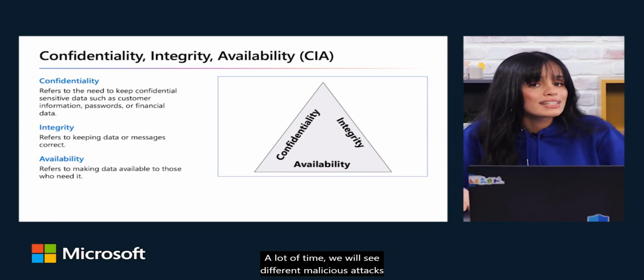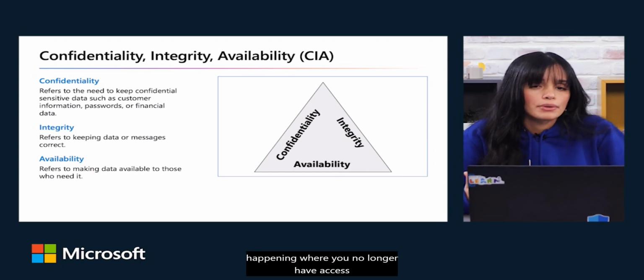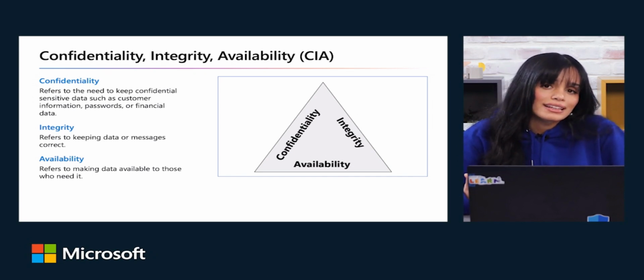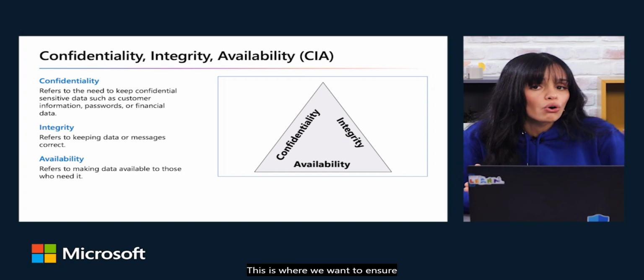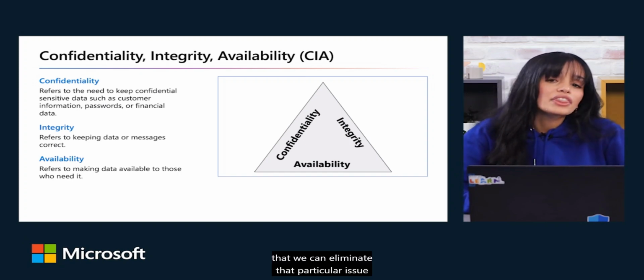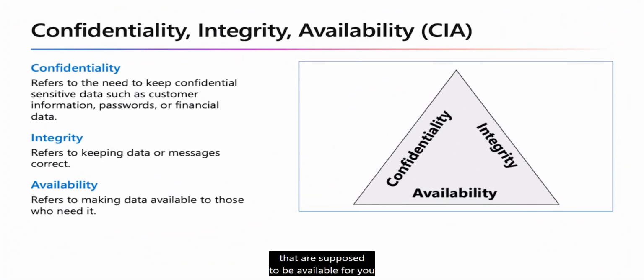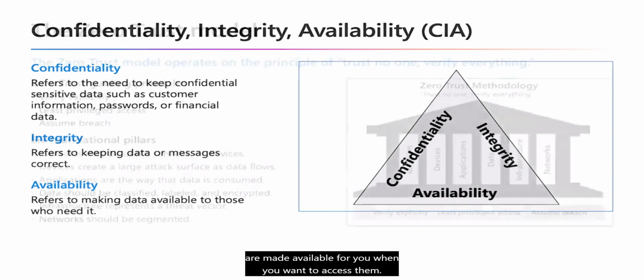A lot of times we will see different malicious attacks happening where you no longer have access to your file or project, and this is where we want to ensure that we can eliminate that particular issue by making sure the services that are supposed to be available for you are made available for you when you want to access them.